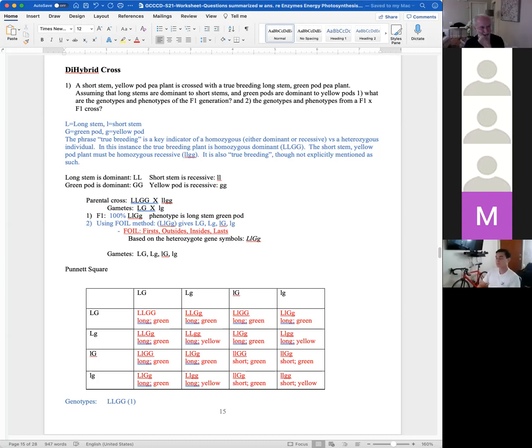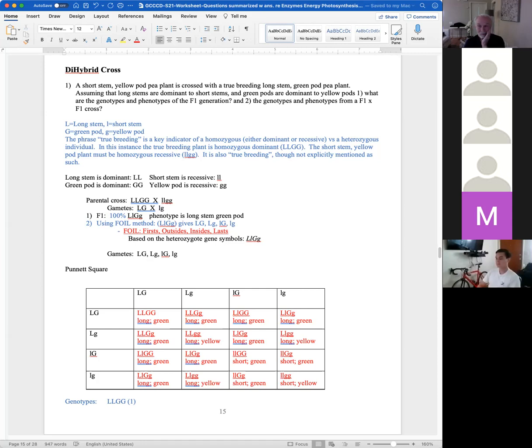So the first question is, what are the genotypes and phenotypes of the F1? This is a really standard type of question because you have to do a little bit of background work before you can get to this answer. So remember, what is an F1? That's the offspring of two parents that have been crossed.